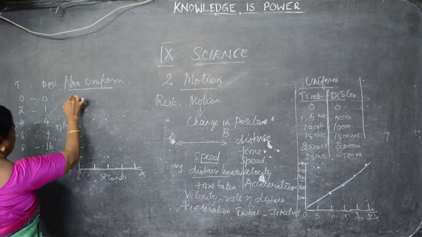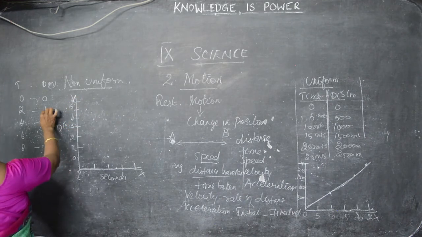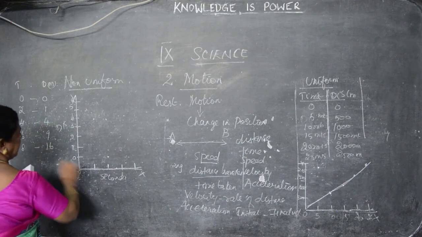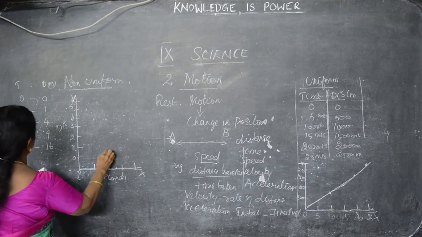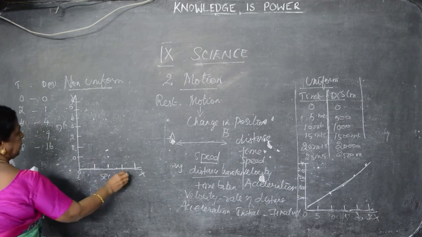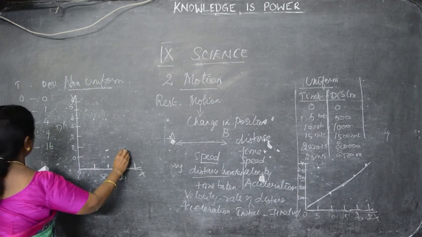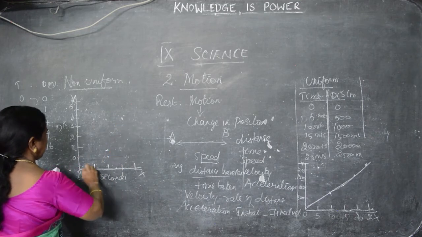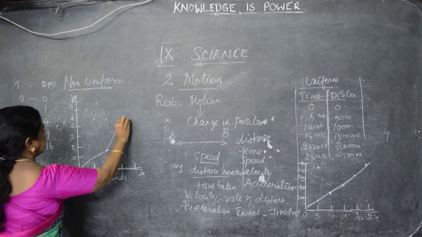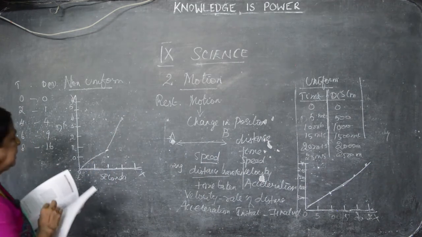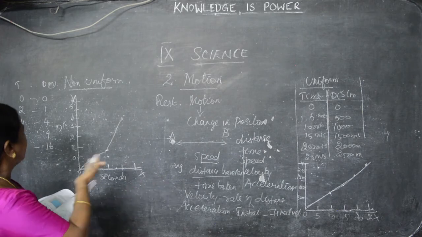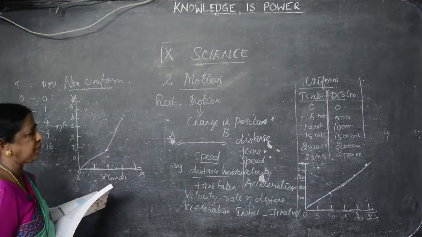For example, at the first second it is 0, and at 2 seconds there is 1. At the fourth it goes to 4. So this is irregular. This is known as what? Irregular graph. So uniform motion and non-uniform motion, that is in intervals of time.